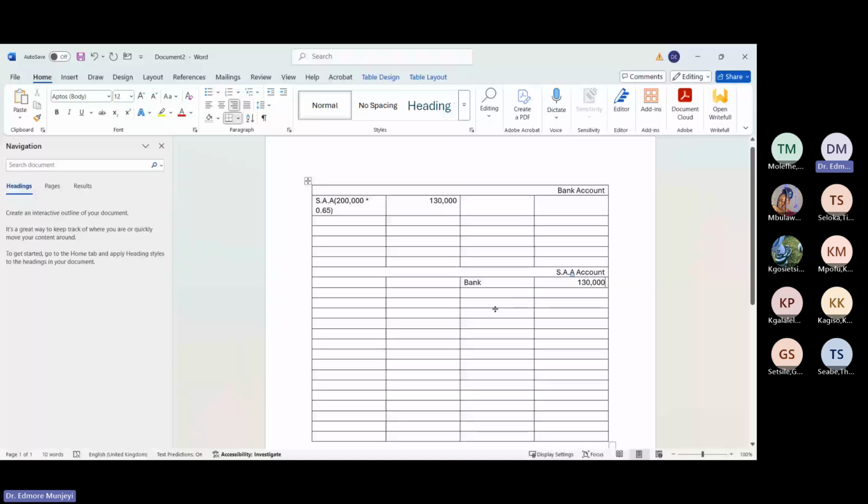Our next entry, we are going to do the allotment. So even though 200,000 shares were applied for, the company can only allot 100,000 shares.